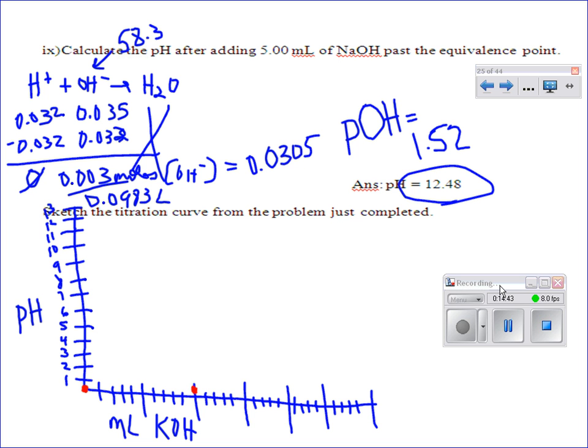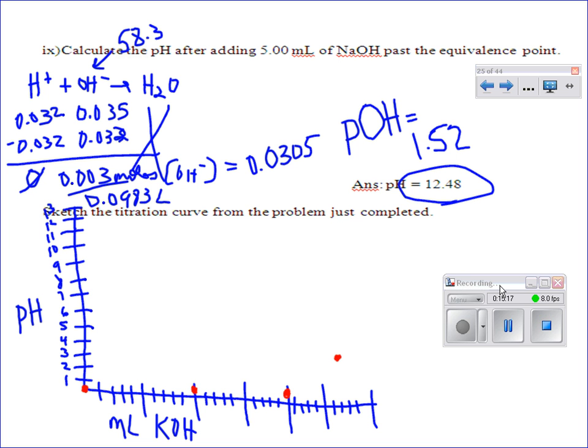And then we added 40 mL, and the pH was 1. Then we added 53, and what was the pH at 53? 2.6, so about there. Don't judge me for my graphing ability.